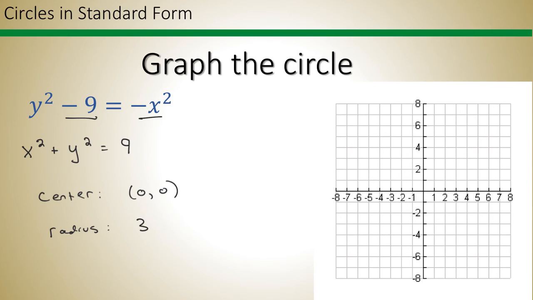So on our graph over here, the center is the point 0, 0, and then we are going to plot 3 or 4 points going around. So we're going to go up 3, go to the right 3, go down 3, and go left 3. Okay, and then just connect those points the best you can with a circle.